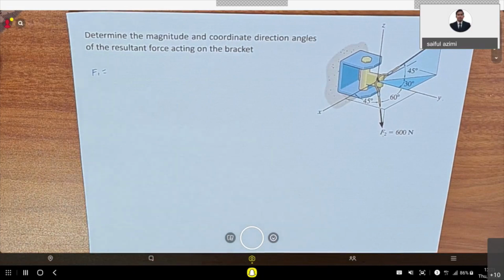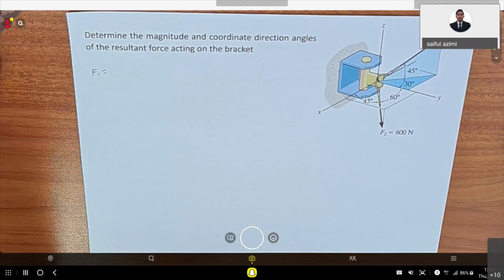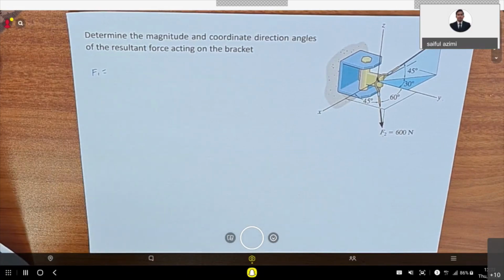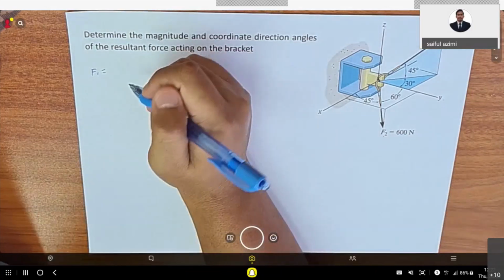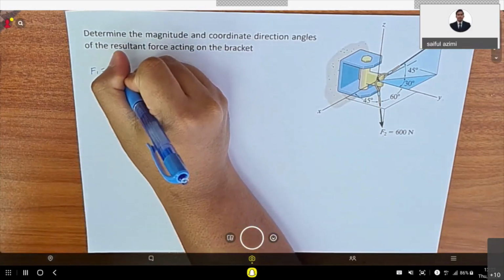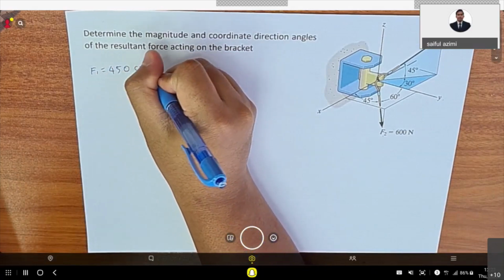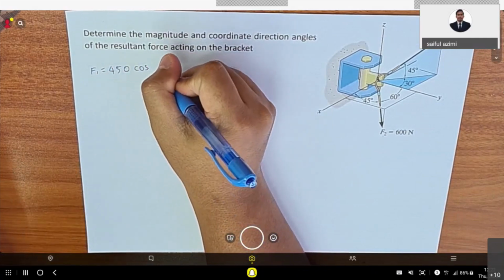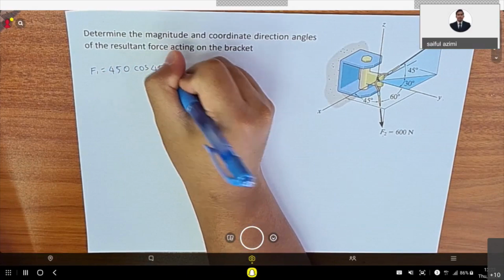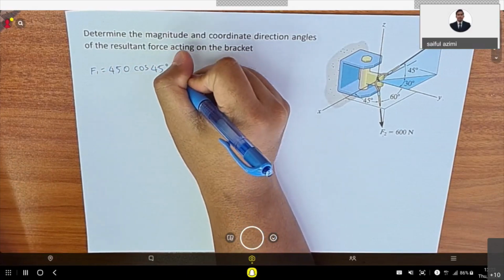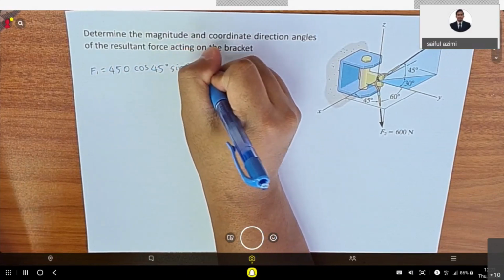Okay. So if you want to use 2 degree, we will use the formula for 2 degree. For F1 equals 450 multiplied by cos 45 degree sine 30 degree.